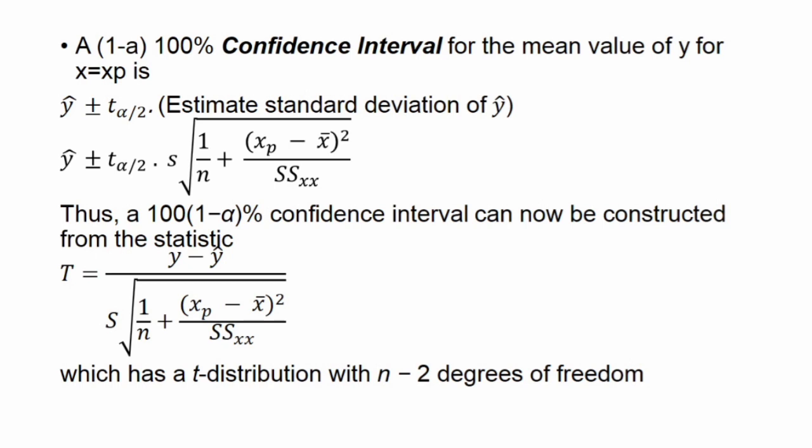Thus, a 100 times 1 minus alpha percent confidence interval can now be constructed from the statistic t equals y minus y hat over s times square root of 1 over n plus xp minus x bar squared over SSxx, which has a t distribution with n minus 2 degrees of freedom.